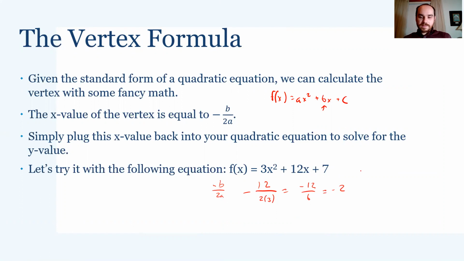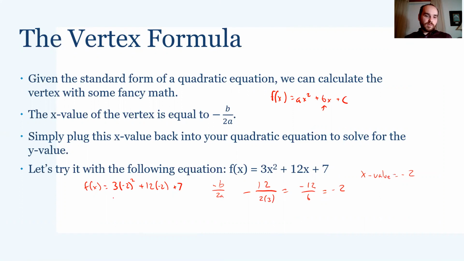So we know that our x value is equal to negative 2. We plug negative 2 in for x. So then we have f of x equals 3 times (negative 2) squared plus 12 times negative 2 plus 7.